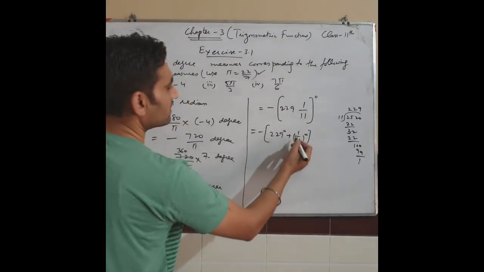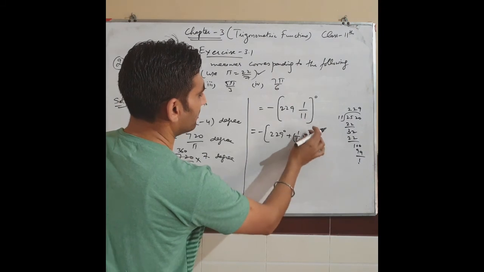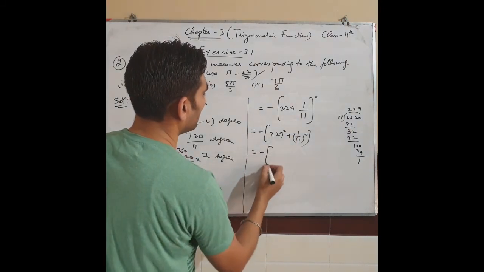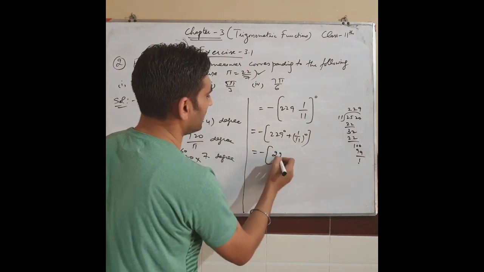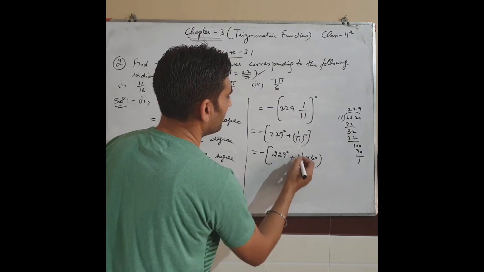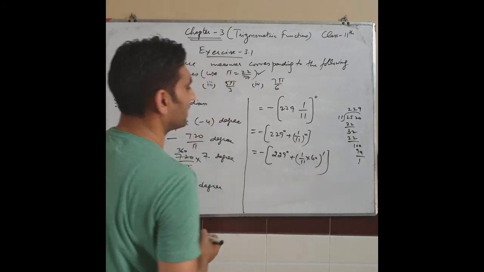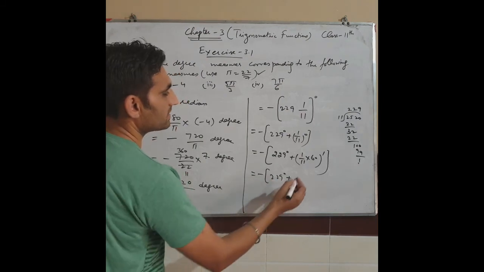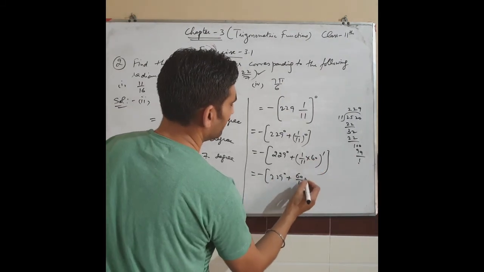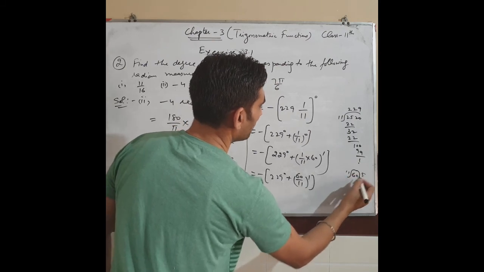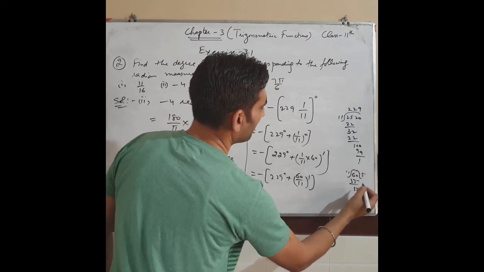Now convert this last part, which is less than 1 because the numerator is smaller than the denominator, into minutes. You know the conversion; keep minus outside. 229 degrees plus 1 over 11 into 60. When you multiply with 60, write it in minutes. So we have minus 229 degrees plus 60 over 11 minutes. Divide 60 by 11 now: 5, 55, 5 left.